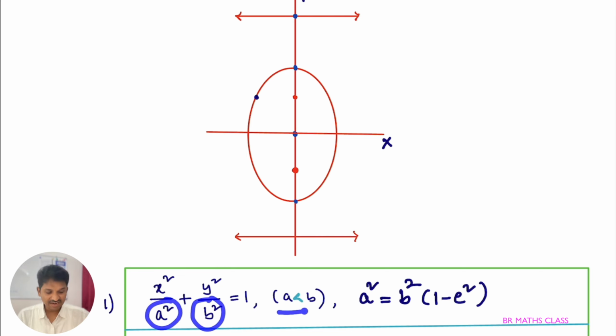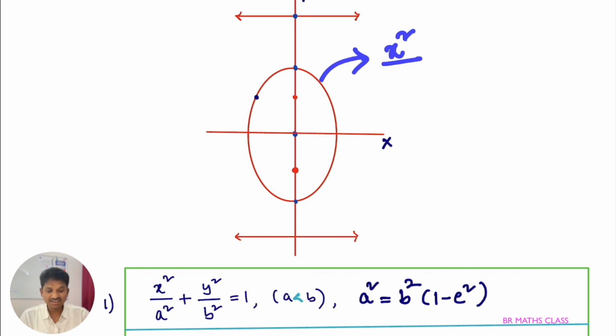If a is greater than b, then it is the standard form, the first type. Here a is less than b. Look here, this part is smaller. In this case, in the standing ellipse, a square is b square into 1 minus e square, right? So, what is this standing ellipse equation?